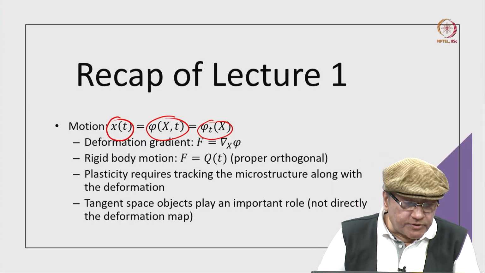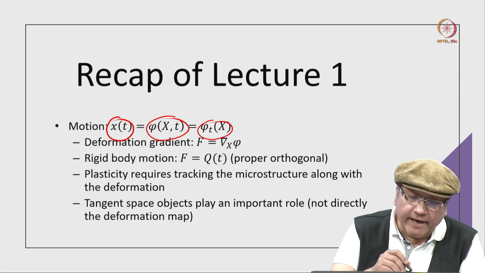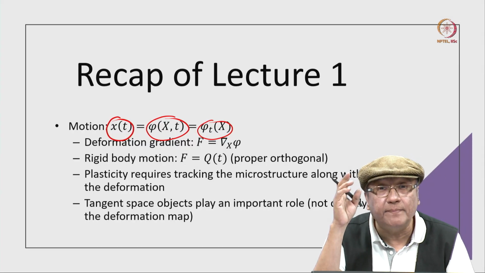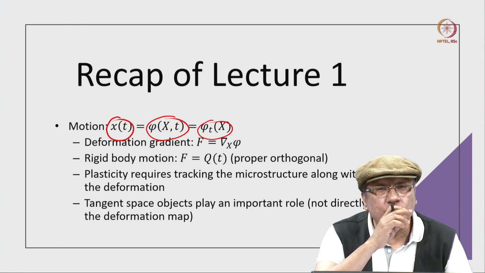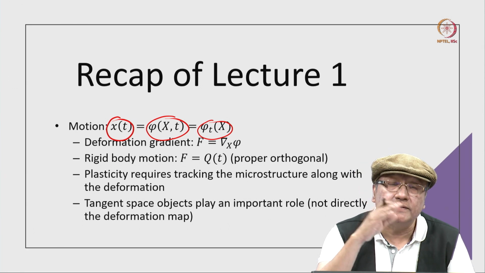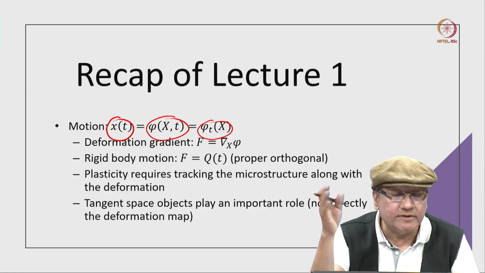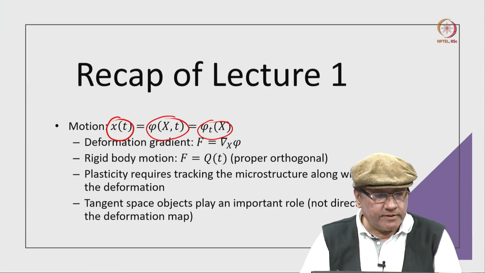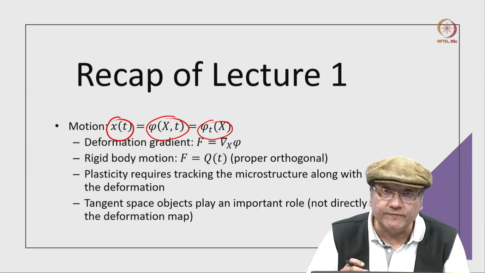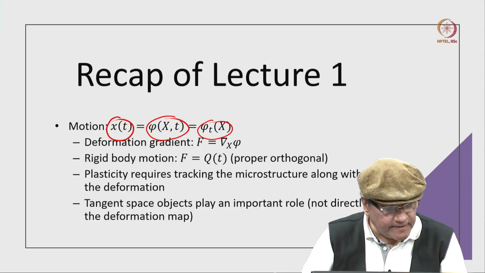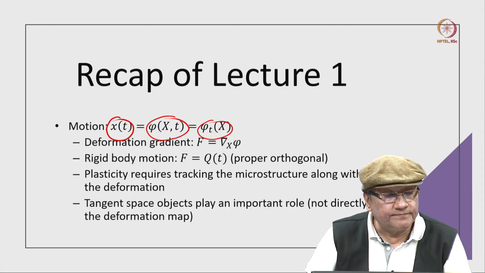We also talked about the importance of tangent spaces, because F, the deformation gradient, is a mapping of tangent spaces, one located at a material point in the reference configuration and the other located at the image of that material point under deformation in the deformed configuration. So, not directly the deformation map, but the deformation gradient is more useful. That tells you that the tangent spaces play a very major role here.